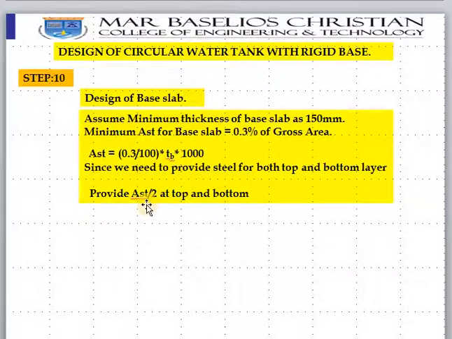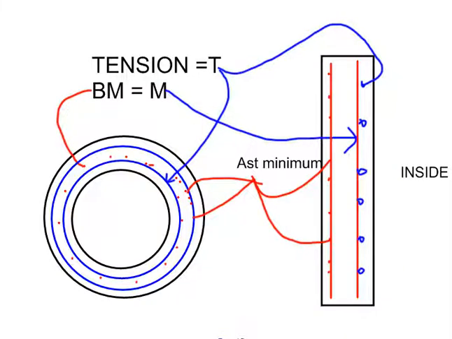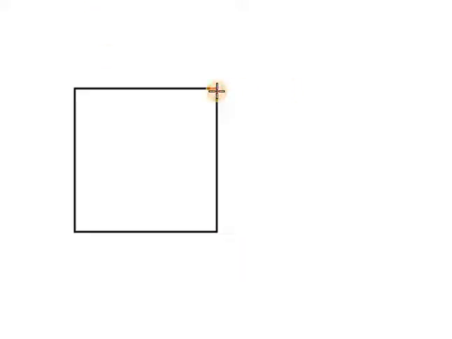The only thing you keep in mind is that this AST you are getting is for the top and bottom together, because I have been telling it quite a number of times. So I am explaining once again. This is your base slab. We need to provide two layers here also and here also. And this horizontal bar also, everywhere full length.